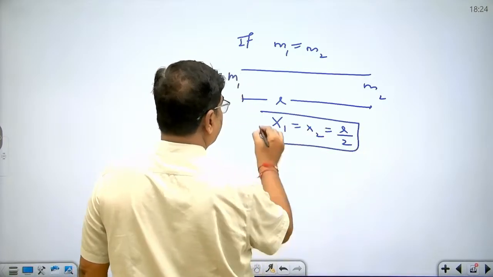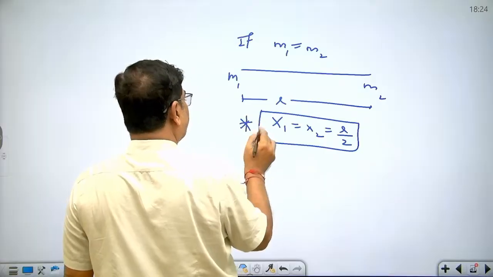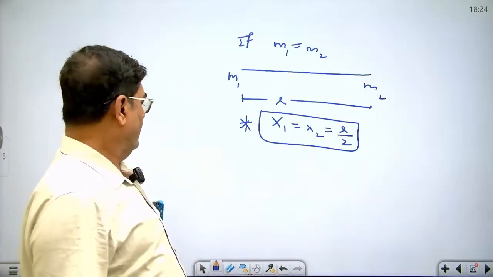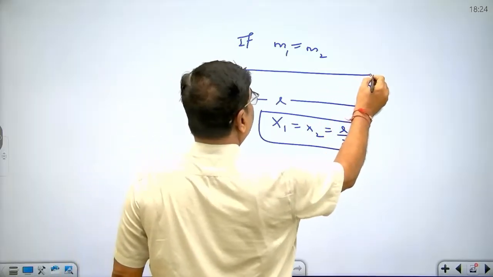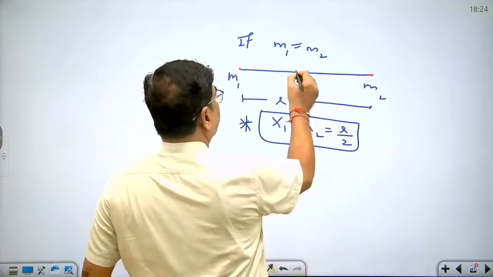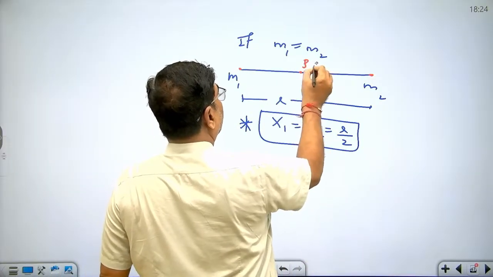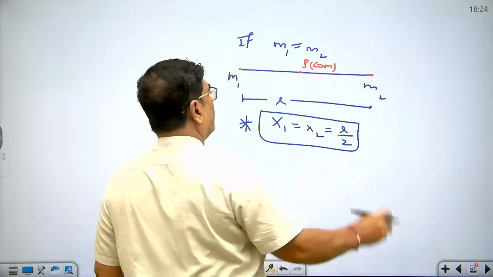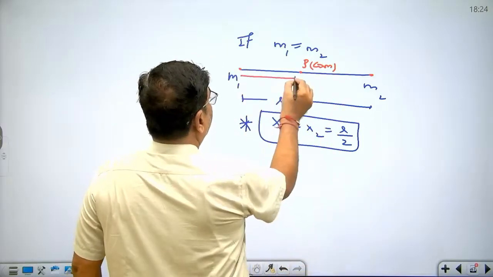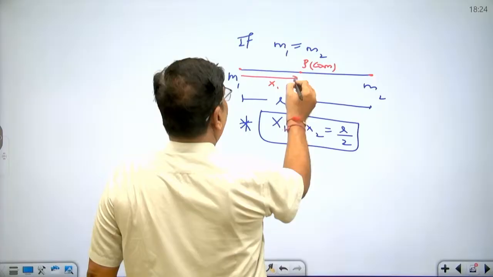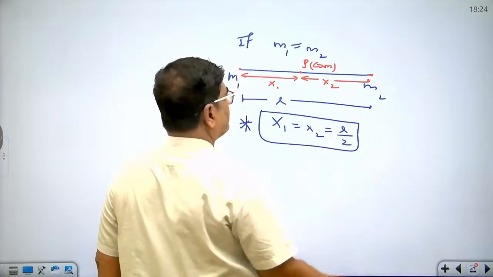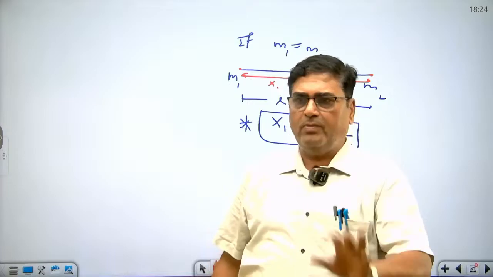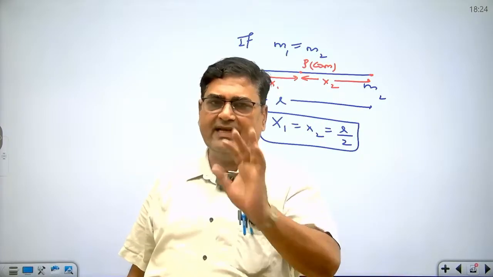Okay. So dear student, this is a very important point. Always remember, in case of a symmetrical mass distribution system, the center of mass is located at its center of symmetry.